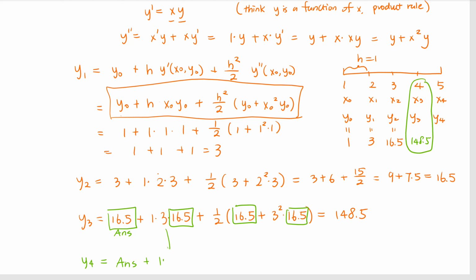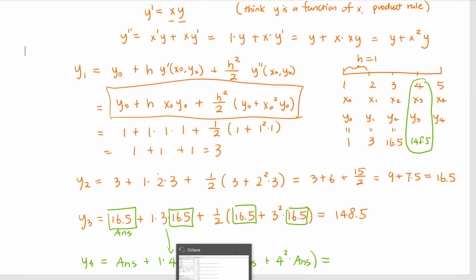So this 3 changes to 4. But then next, we still have the answer, right? Plus here, this is 4 squared and the answer. Is that okay, everybody? This is how we type in our calculator.